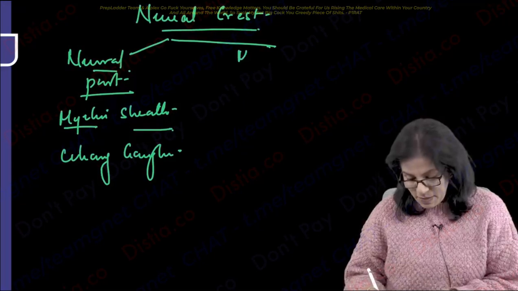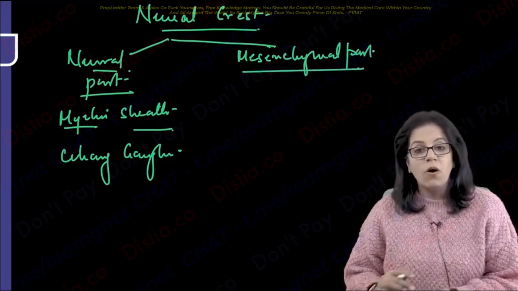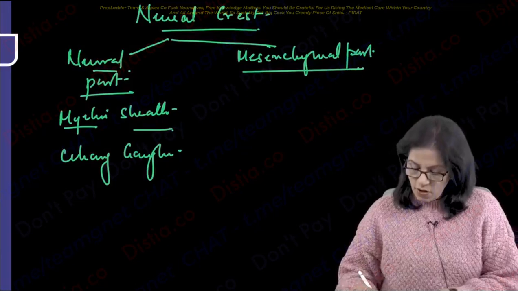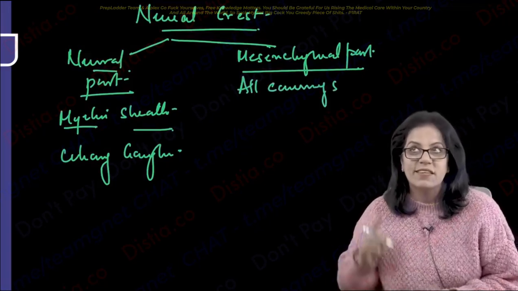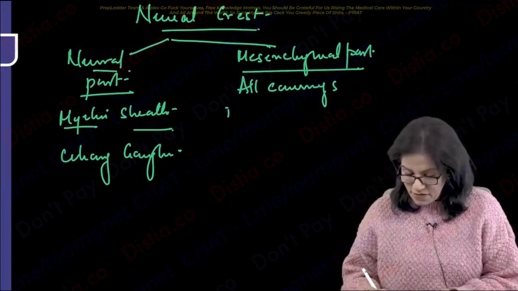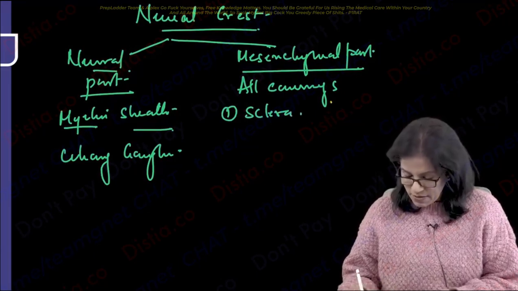Talking about the mesenchymal part of the neural crest. The mesenchymal part, we will learn here. How to learn this? All coverings. Let us think of coverings. Outside, sclera. So first sclera, note down here, except temporal part. All the sclera except temporal part.